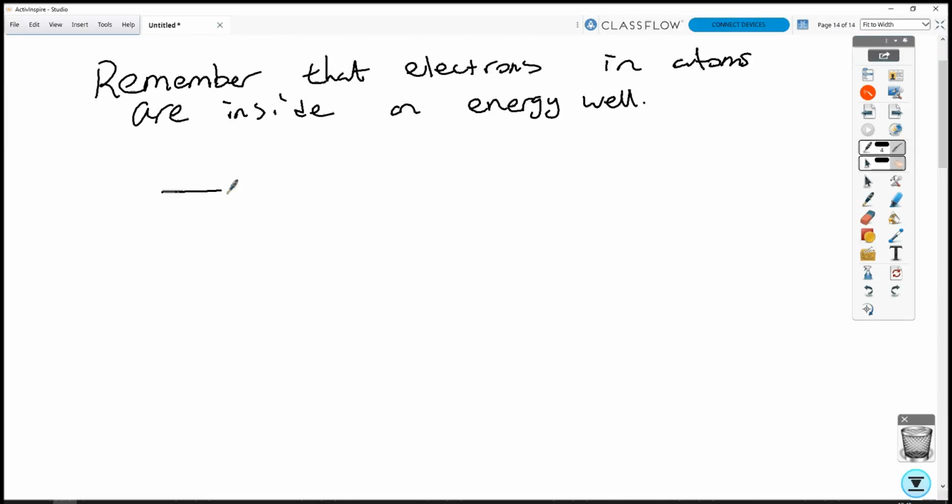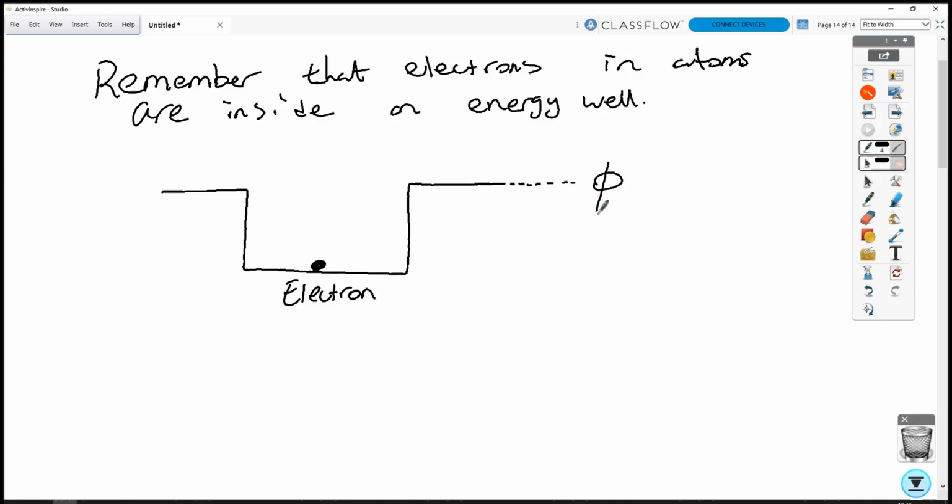And we represented these energy wells as a sort of square well with our electron sitting inside it. And this top bit here represents the minimum energy required for the electron to leave that atom, which we call the work function.